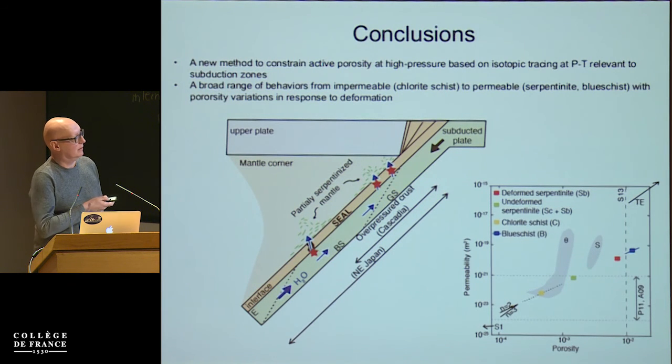And this is the kind of conclusion we can draw from our measurements. It means that we have in the subducted plate, in the oceanic crust, a fairly large porosity between, say, 1 and 4%, especially in the blue schist facies. Over that, we have an interface that is a sort of permeability seal because we form schists like chlorite.